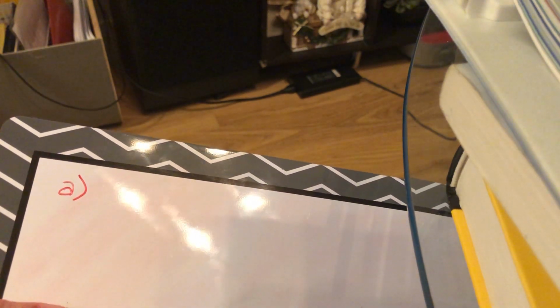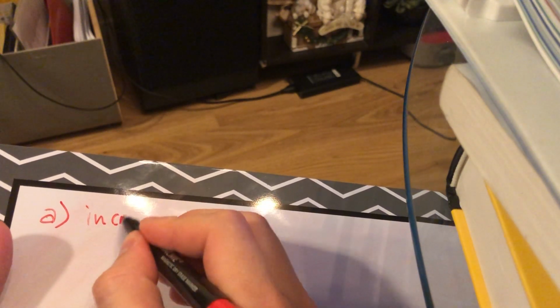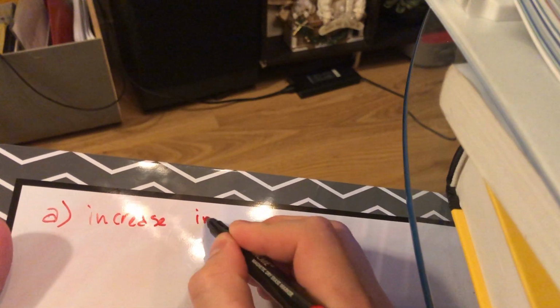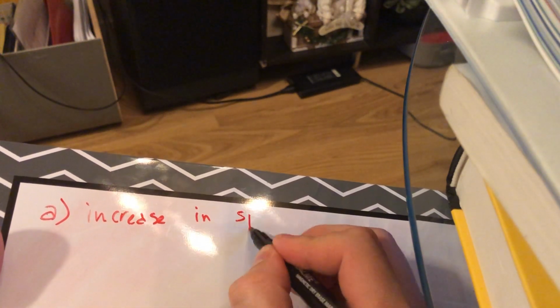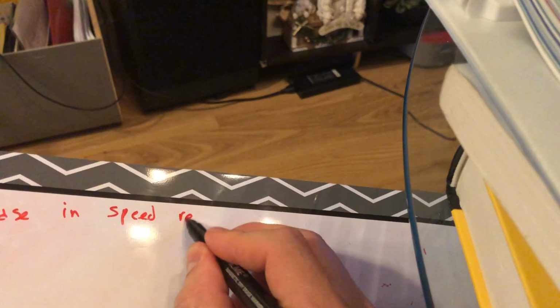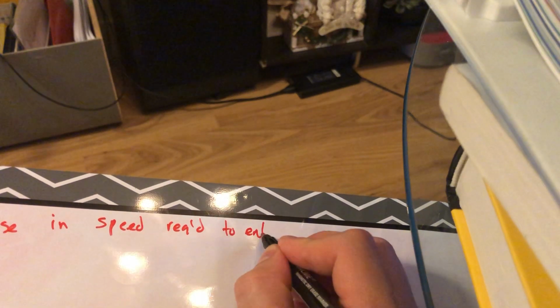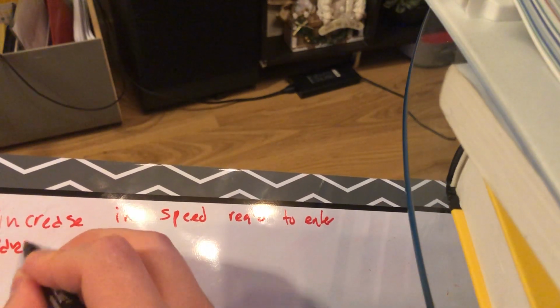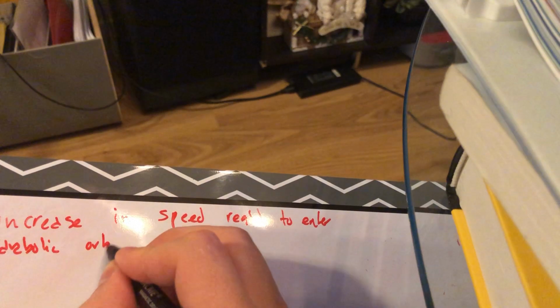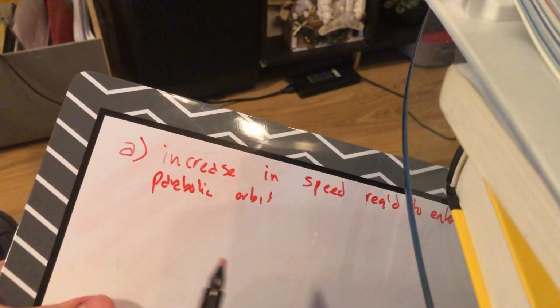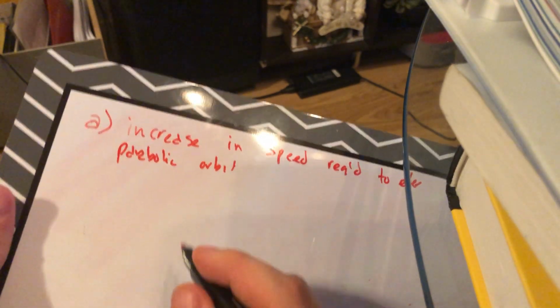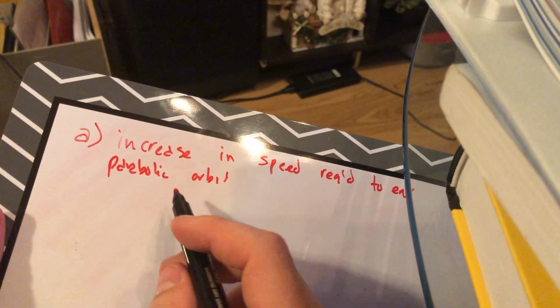So, A. We want the increase in speed required to enter a parabolic orbit. What does that mean?